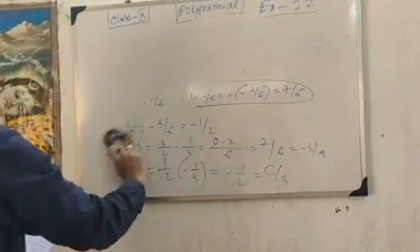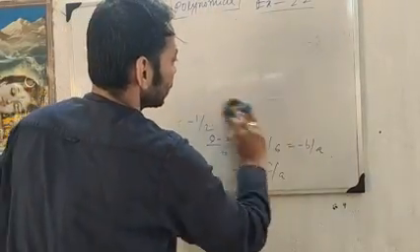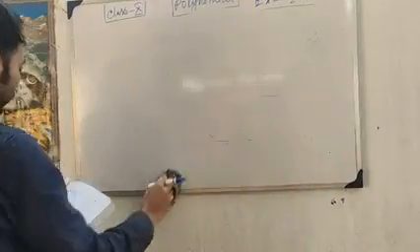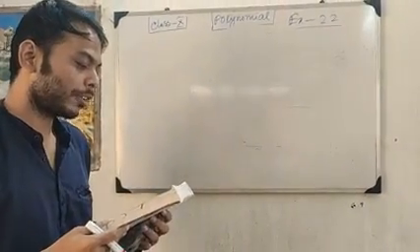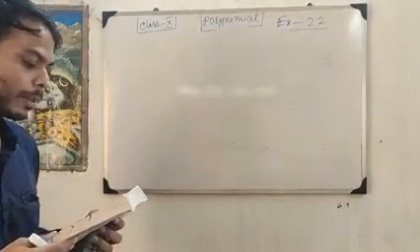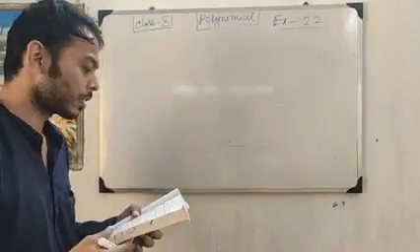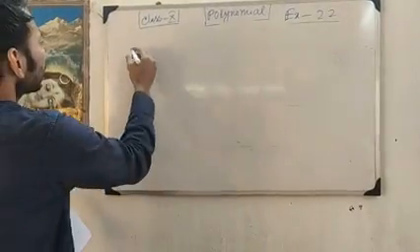Next, question number 2. Find a quadratic polynomial, each with the given numbers as the sum and the product of its zeros respectively. Now here is a formula.